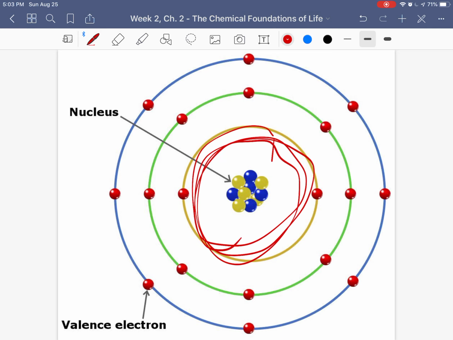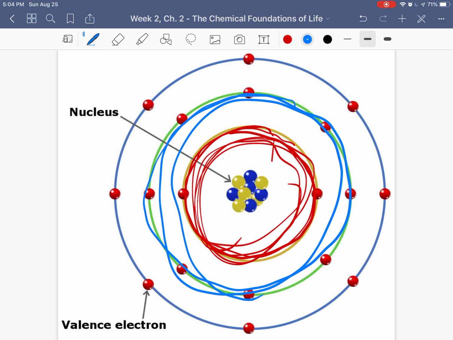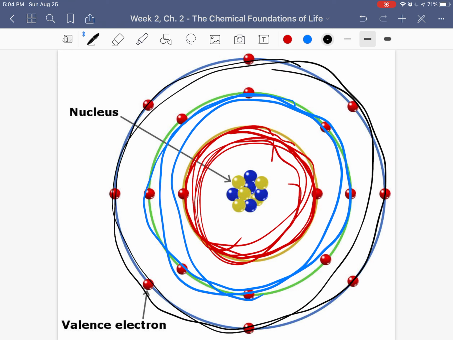Those aren't going to orbit like the Earth orbits the sun, but we know that in this general area we're going to find 2 electrons outside of the nucleus, in this area 8 electrons, and if we move out even further, at least 16 electrons.